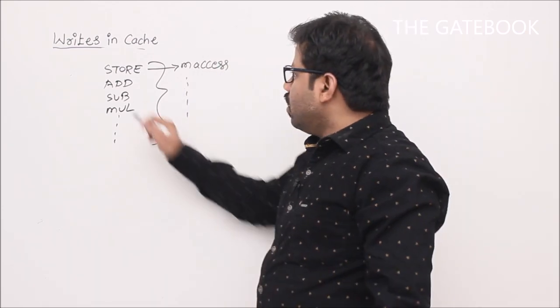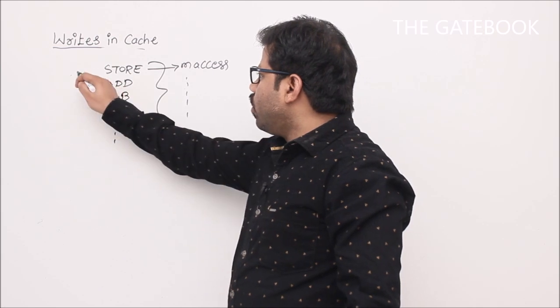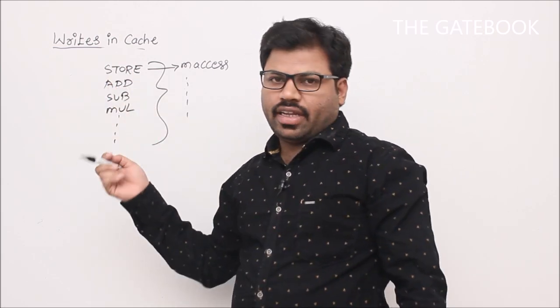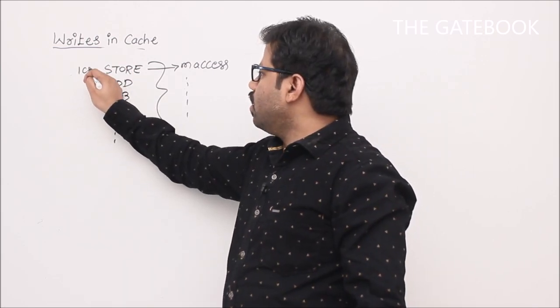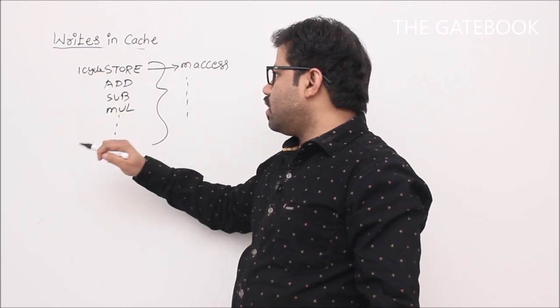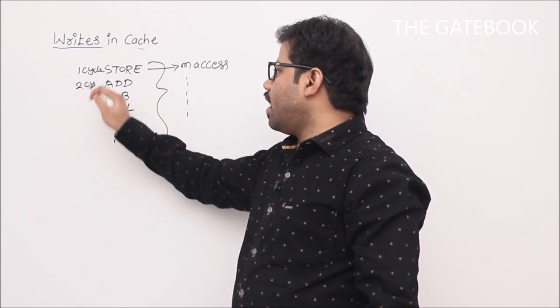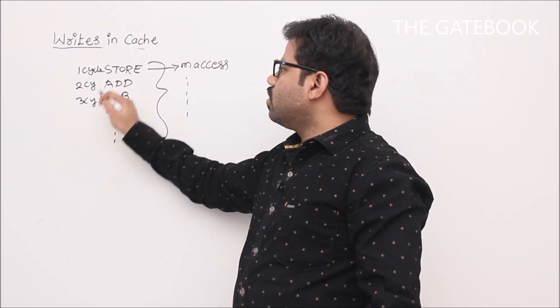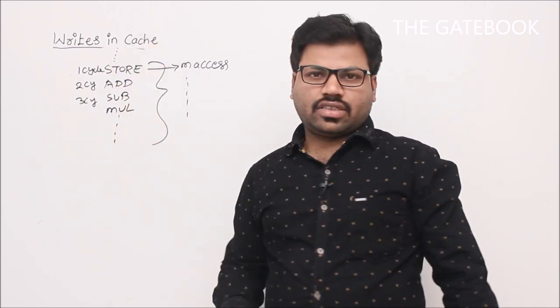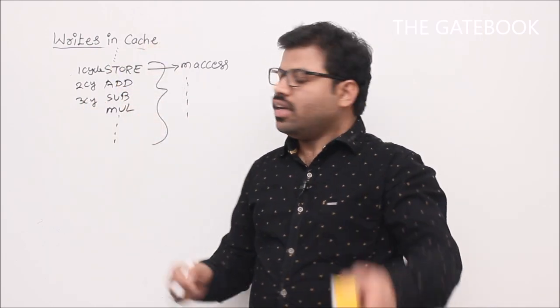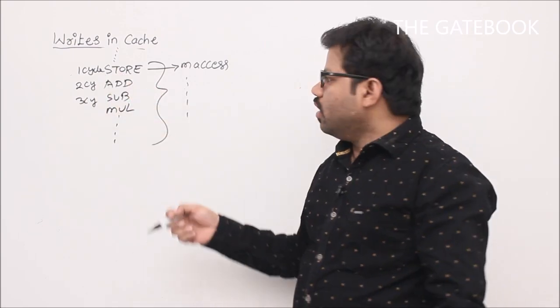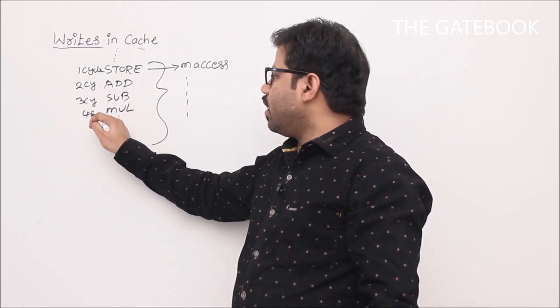Then what is going to happen is, assume again pipelining. In the first clock cycle you are executing the store instruction. In the second cycle let's say add instruction. In the third cycle, so before that there are a lot of instructions. We know that in pipeline for every cycle we can execute a new instruction, right? So third cycle, fourth cycle, in that way.